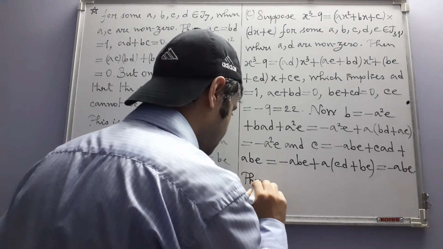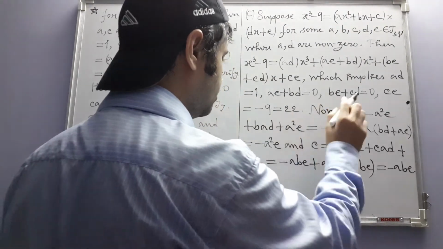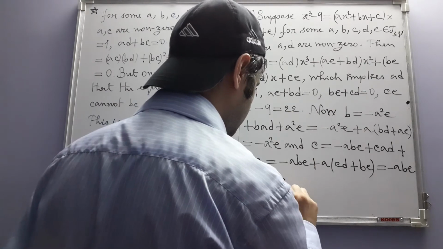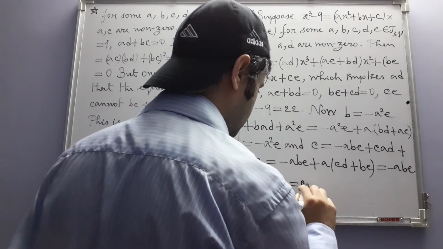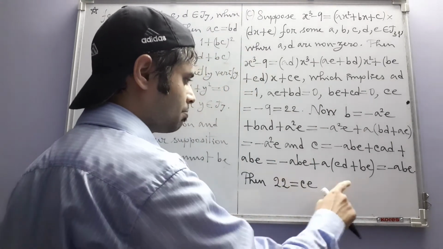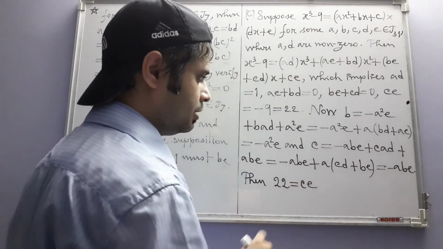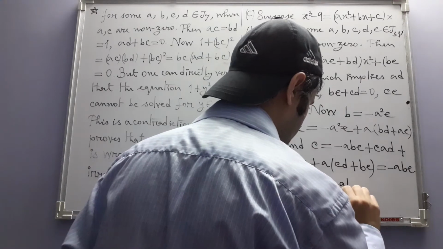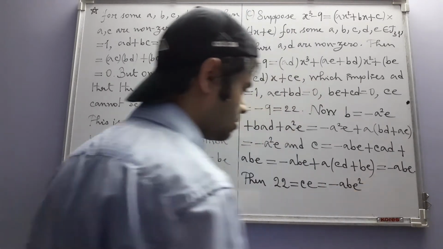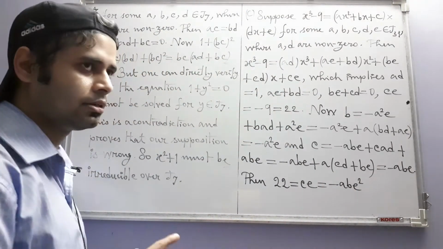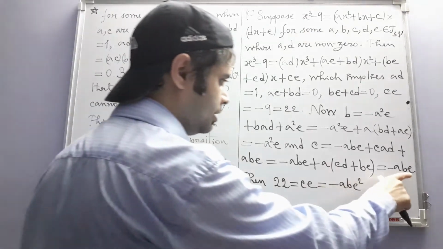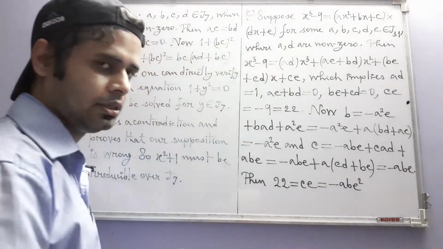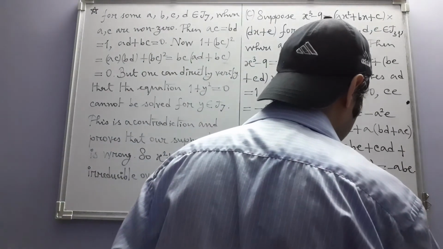Then 22 is equal to CE. Now if you replace C with minus ABE, you will get minus AB E square, because you are bringing one E extra, one new E, and already there was one E, so E square.